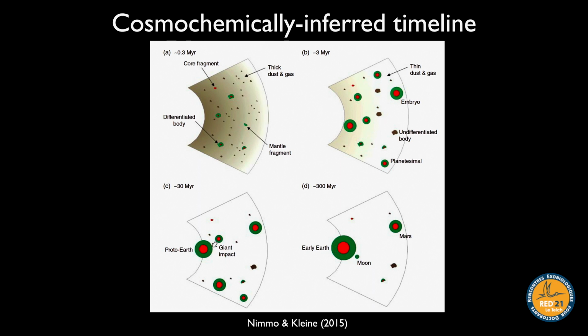The general picture is similar to what I showed you before: the final late accretion, late sweep-up phase, the final giant impact phase, lasts for 30 to 100 million years. That's the general timeline we have for the growth of the Earth and the terrestrial planets.